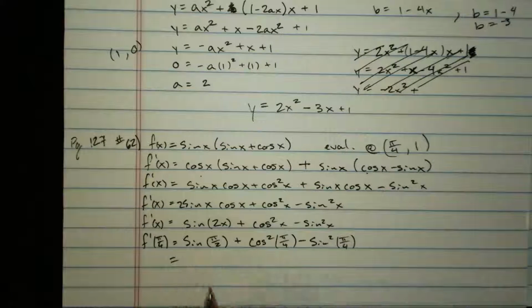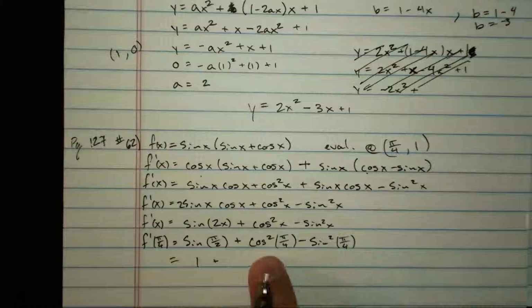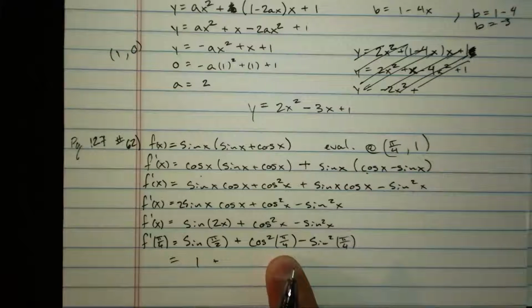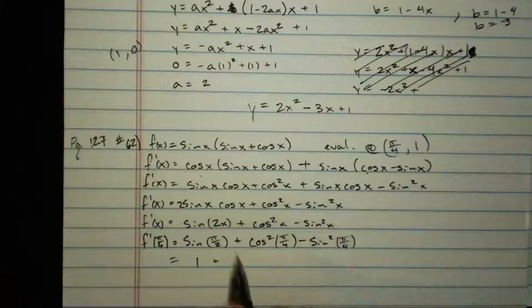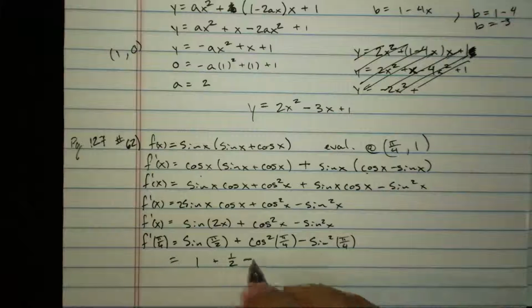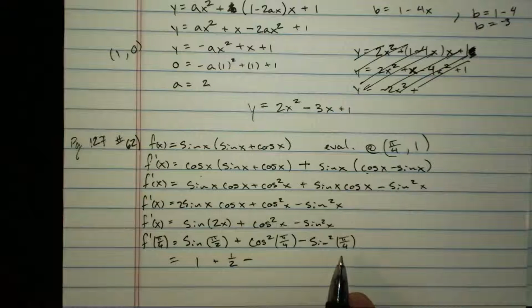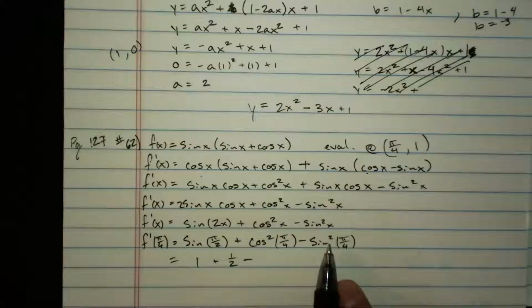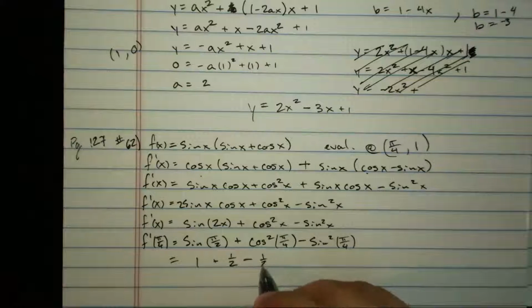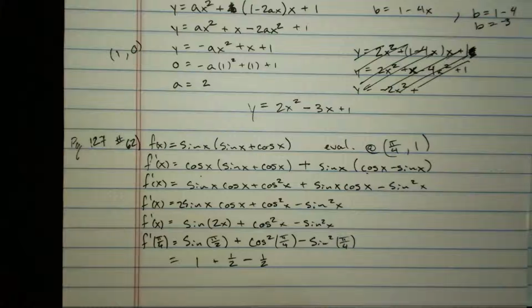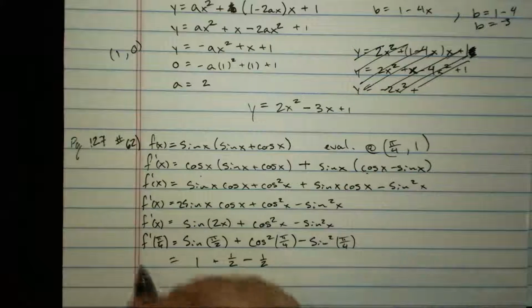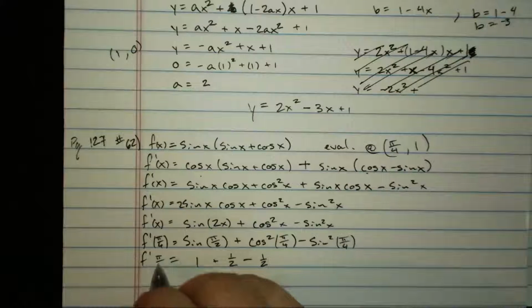So sine of pi over 2 is 1, plus cosine of pi over 4 is root 2 over 2 squared, which would be 1/2, minus, same thing, root 2 over 2 squared becomes 2 over 4, which is 1/2. So f prime of pi over 4 is just 1.